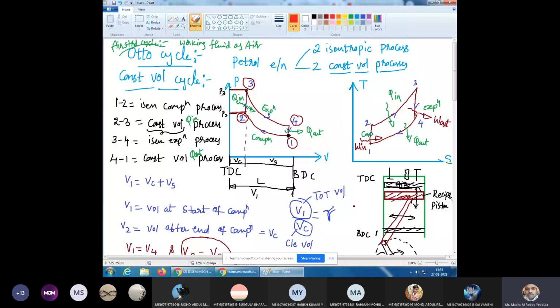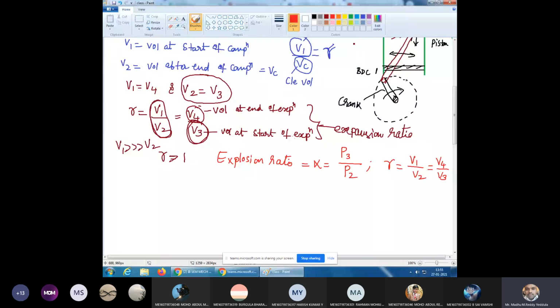Now we will derive the efficiency of the Otto cycle, right? Generally, efficiency is work done by heat supplied. Agree? And what is work done? Heat supplied minus heat rejected.